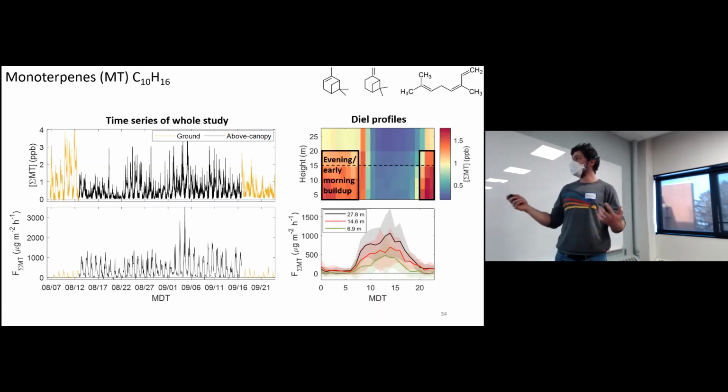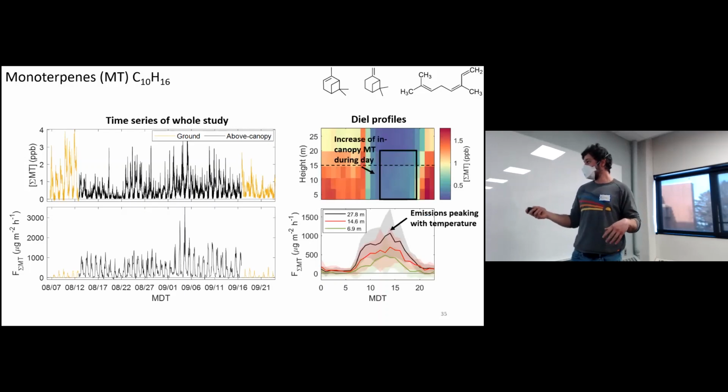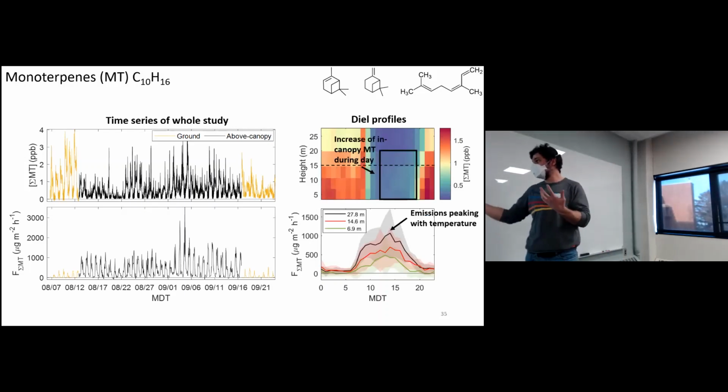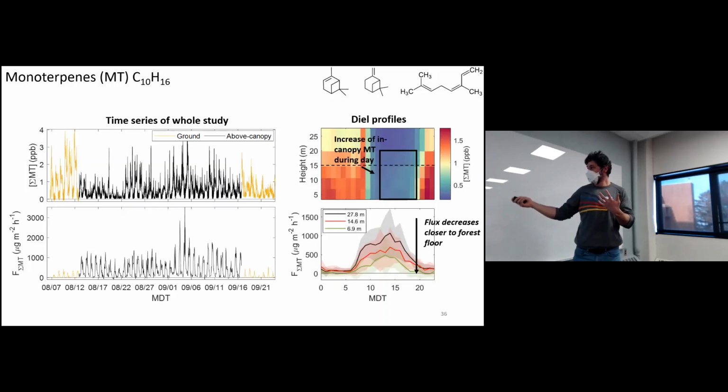So we have this evening, early morning buildup of monoterpenes, and then we also see emissions of monoterpenes peaking with surface temperature. And we still see emissions of monoterpenes near the forest floor, but it decreases. So there's a larger source from what you're measuring above the canopy than if you're measuring closer to the ground.